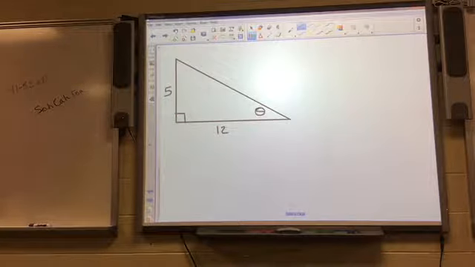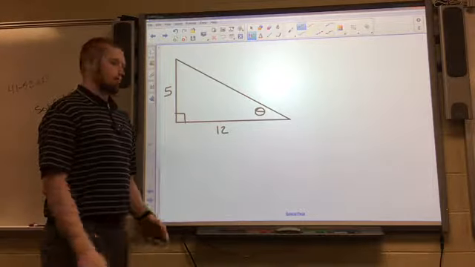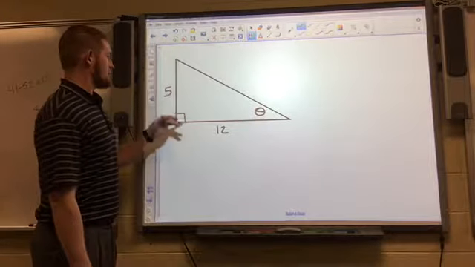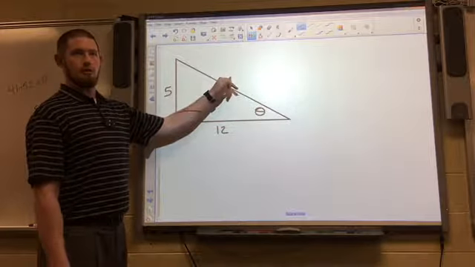What's the first initial problem I run into? I don't know the hypotenuse. I can find that very easily using what? The Pythagorean theorem, which we may not have used a whole lot in here. It's a squared plus b squared equals c squared, right?